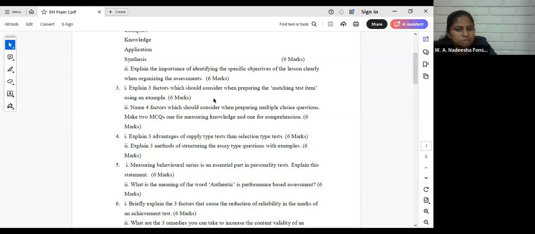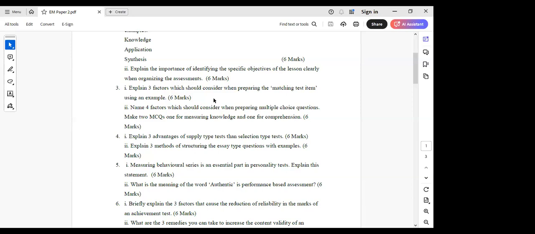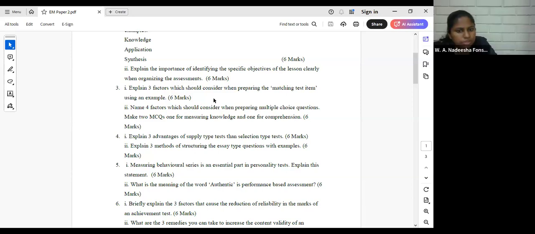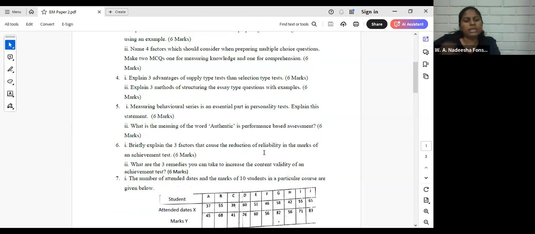Then what is the meaning of the word authentic in performance-based assessment. Briefly explain the three factors that cause the reduction of reliability in the marks of an achievement test. What are the three remedies you can take to increase the content validity of an achievement test?